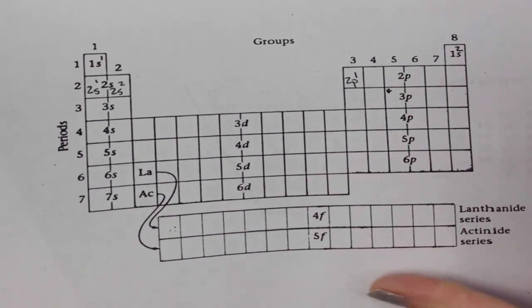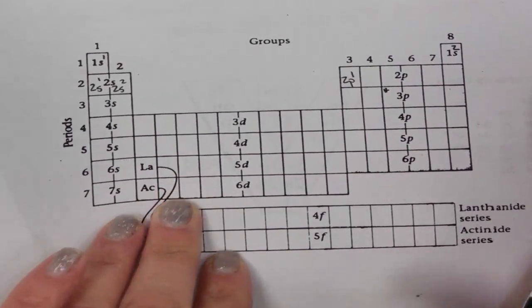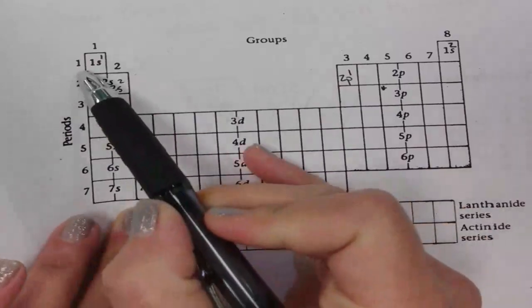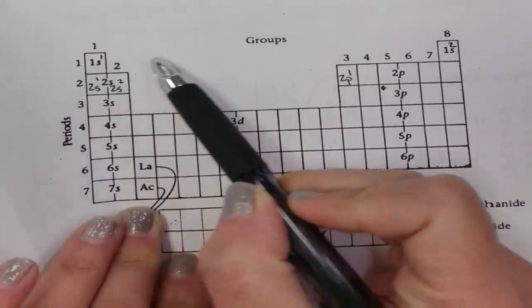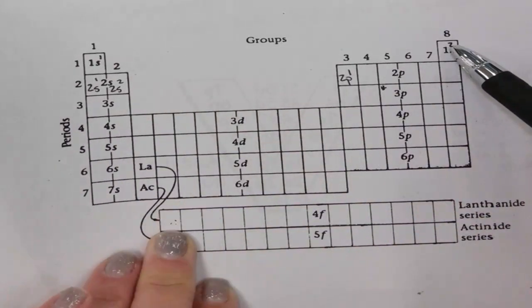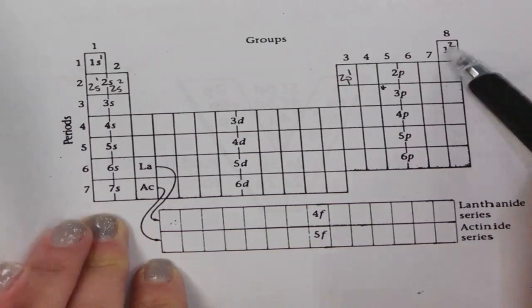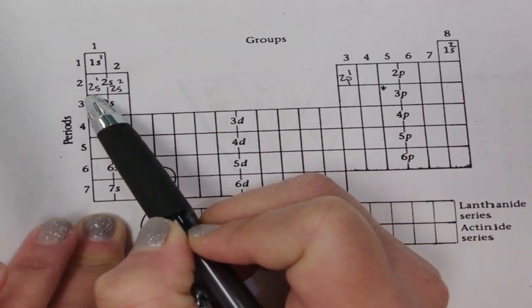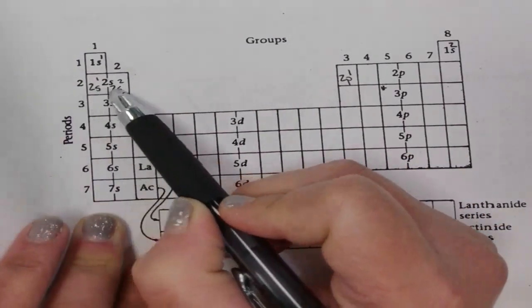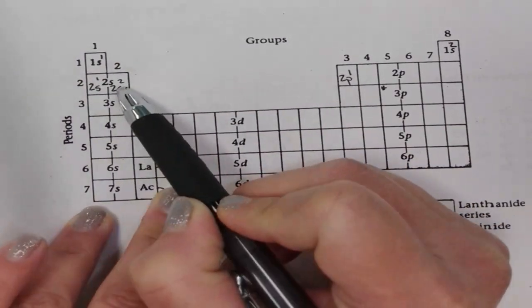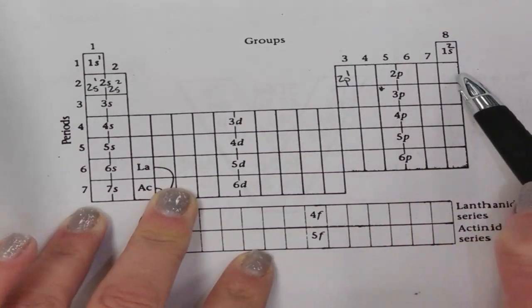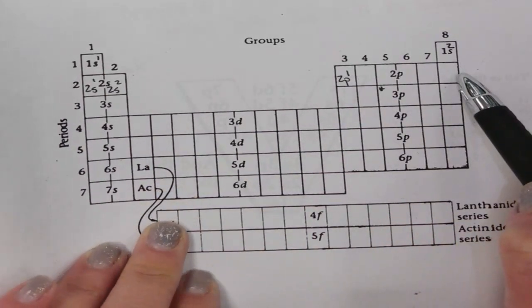So when we read our periodic table, it's like a book. All right, page 1, we read left to right. Now, when you finish with page 1 in a book, what do you do? You flip the page and you go down to page 2. Page 2 has 2 paragraphs, the 2s paragraph and the 2p paragraph.